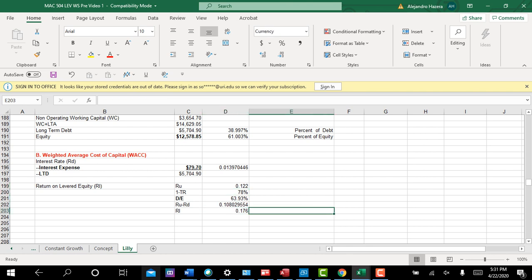Now, for your own convenience, I'm going to spell out this equation for you, just so you have it.